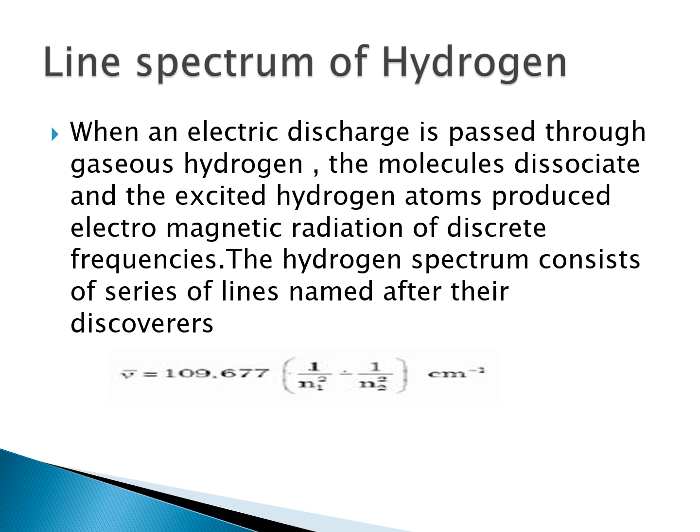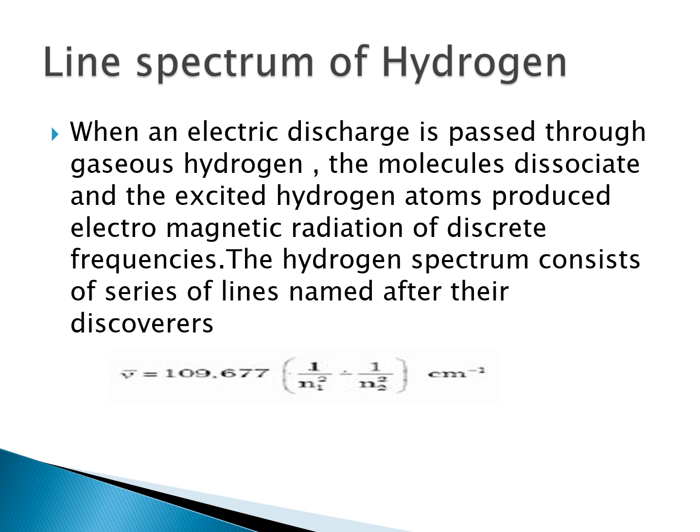Now, line spectrum of hydrogen. When an electric discharge is passed through gaseous hydrogen, the molecules dissociate, and the excited hydrogen atoms emit energy, producing electromagnetic radiation of discrete frequencies. The hydrogen spectrum consists of a series of lines named after their discoverers.